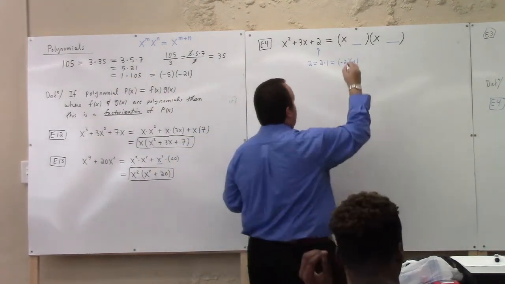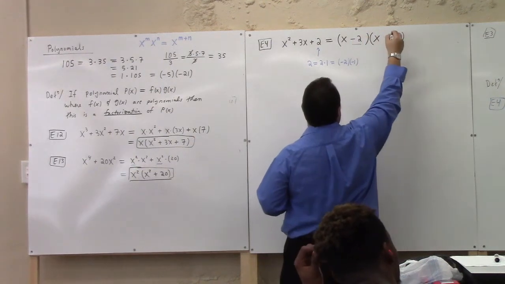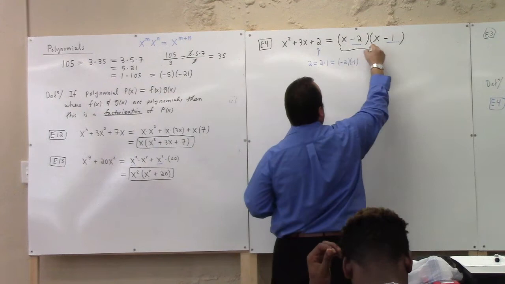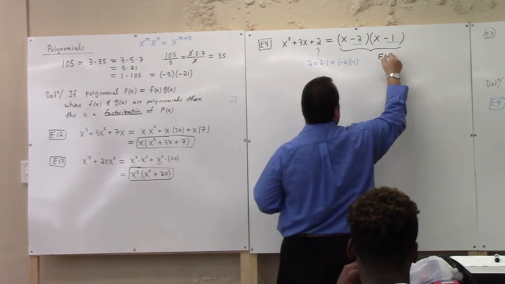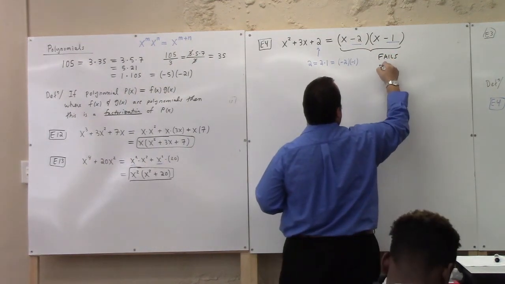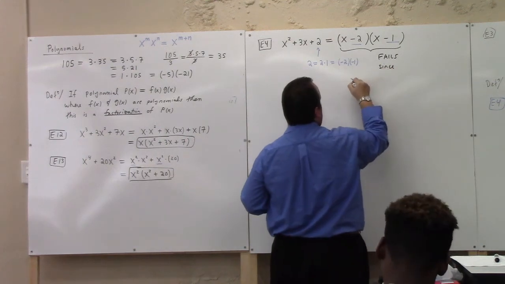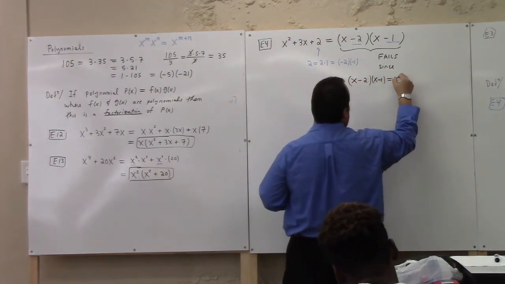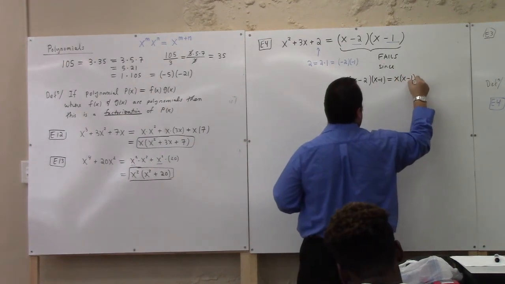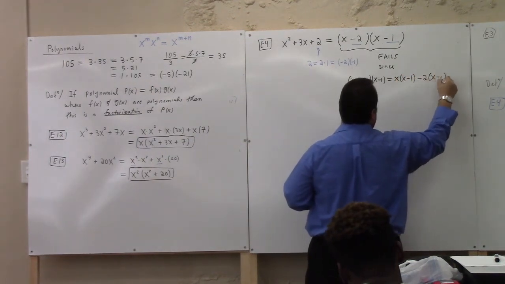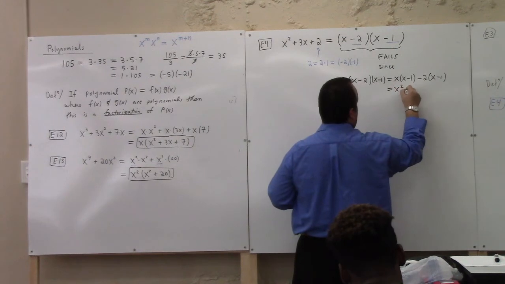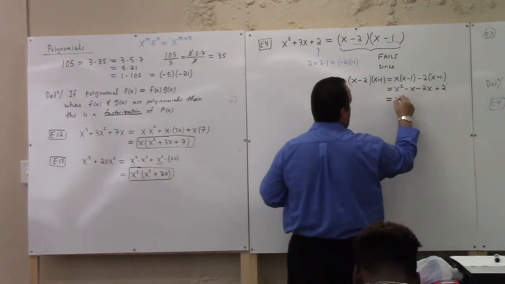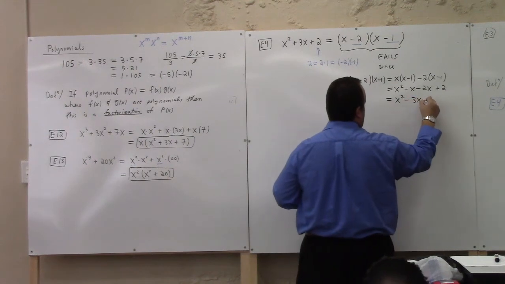If I tried, say, minus 2 and minus 1, like this, it fails, since x minus 2 times x minus 1 is x times x minus 1 minus 2 times x minus 1, which is x squared minus x minus 2x plus 2, which is x squared minus 3x plus 2.